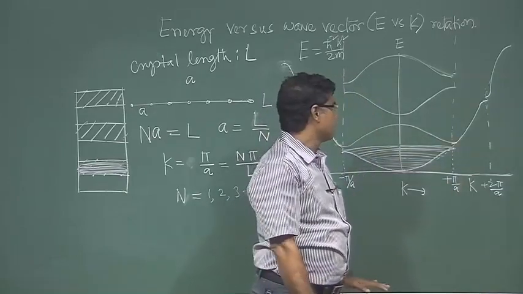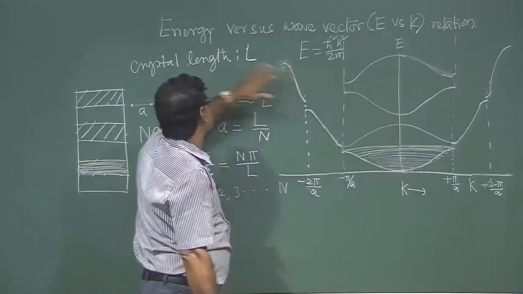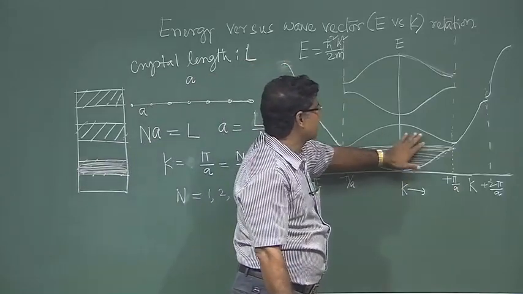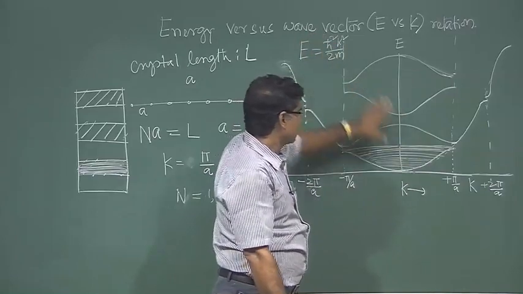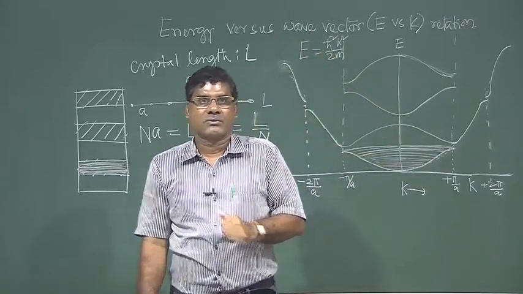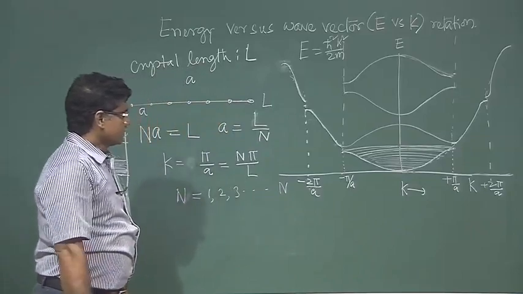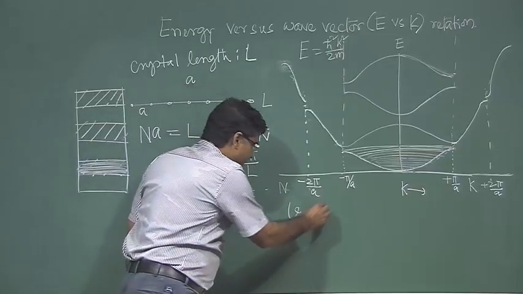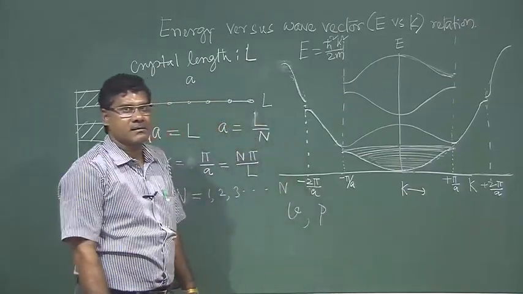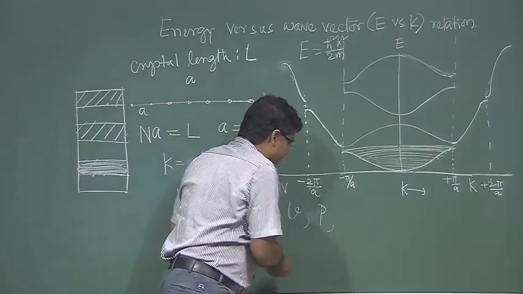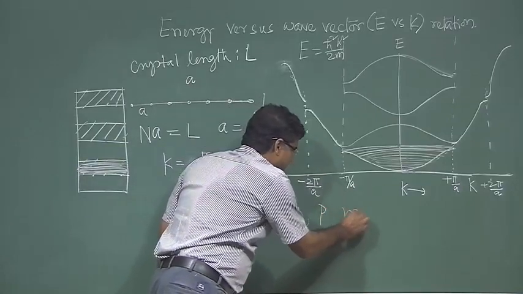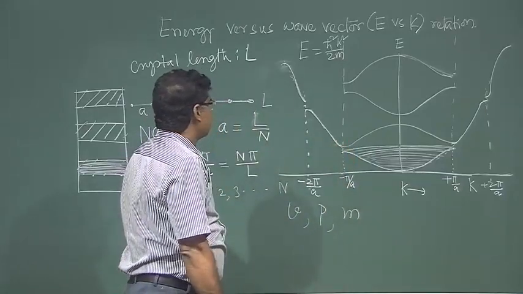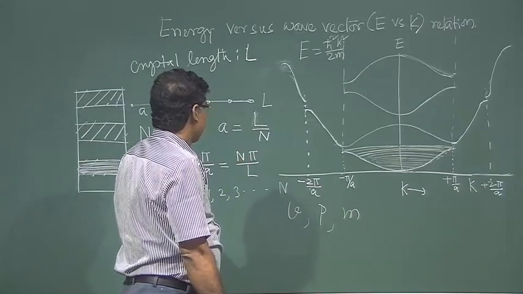And for a real system, a crystal of finite length, the situation is quite different from this picture. So, this will have an effect on the velocity of the electron in a crystal, on the momentum, and then it will have an effect on the mass of the electron. Okay. So, that I think I will discuss later on. So, I will stop here.